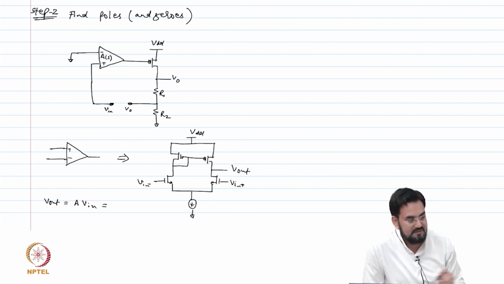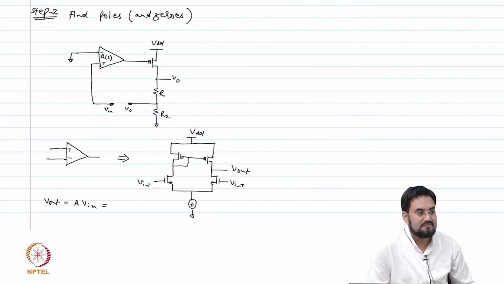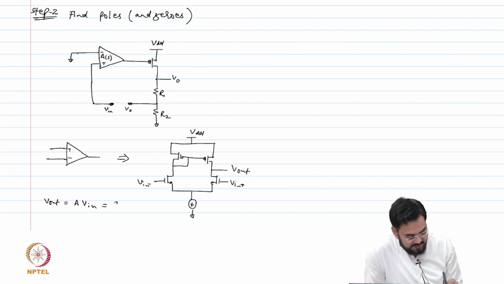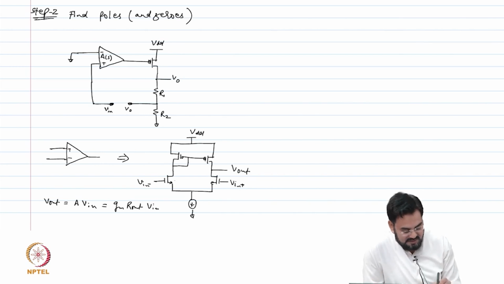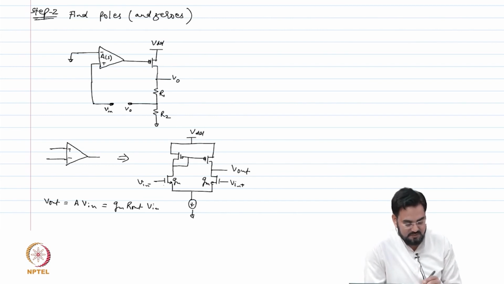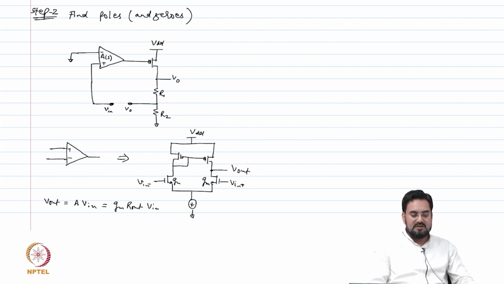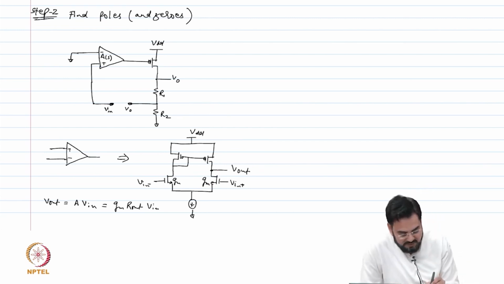So, what is the gain? GM into R out. Okay. And GM is the transconductance of these two transistors, and R out is the equivalent resistance looking at the output. So, you have two resistances here.